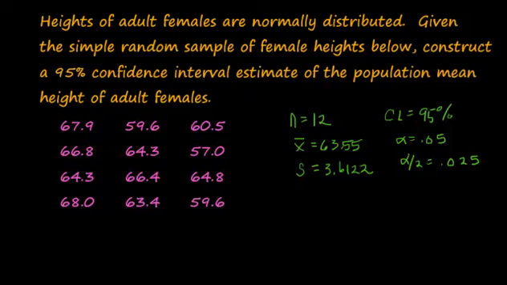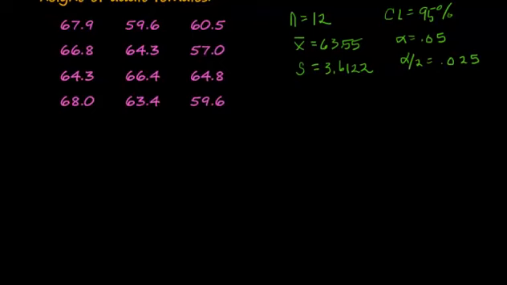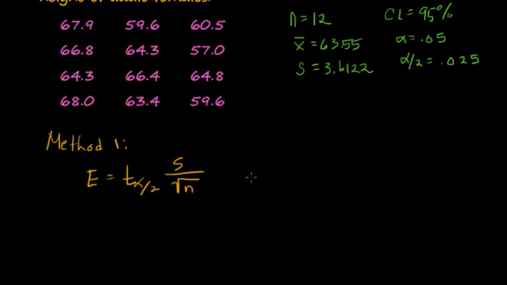Alright, so now we're ready to start method 1, where we use the margin of error calculation and our critical value. The margin of error is the critical value times the sample standard deviation over the square root of n.